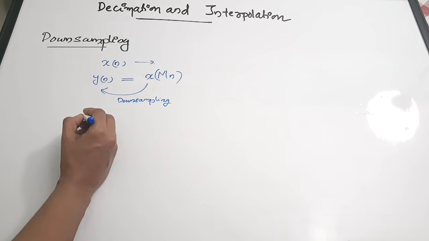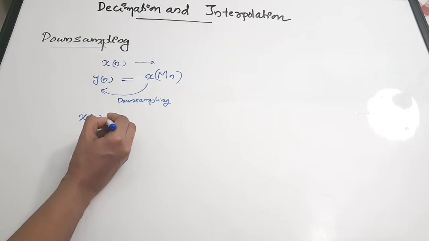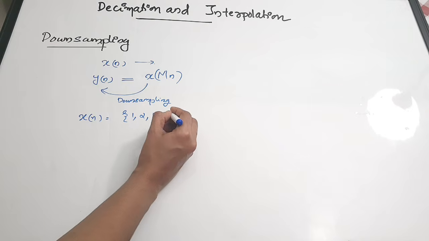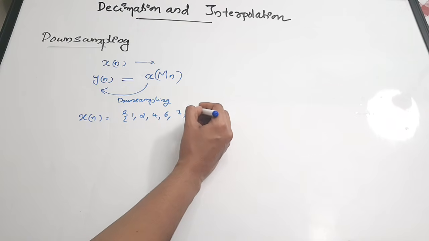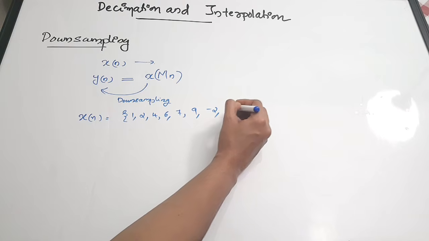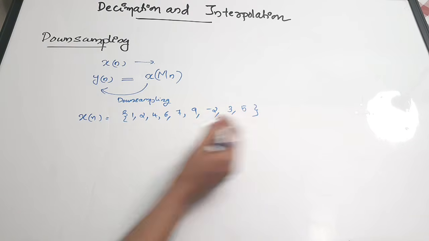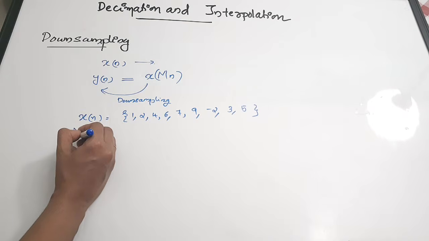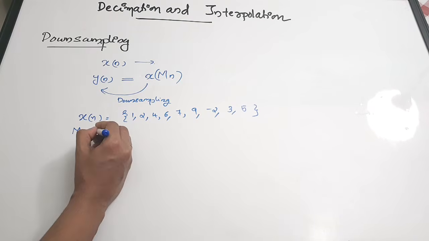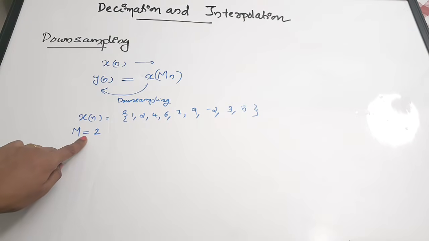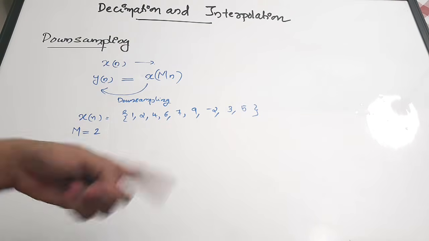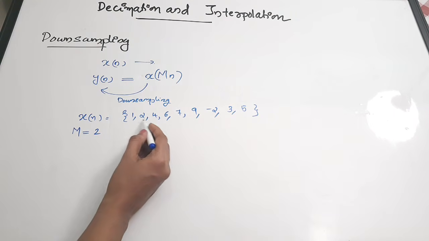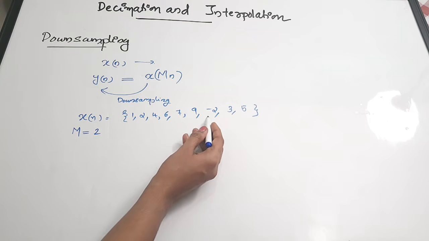Consider that x of n is the set 1, 2, 4, 6, 7, 9, minus 2, 3 and 5.